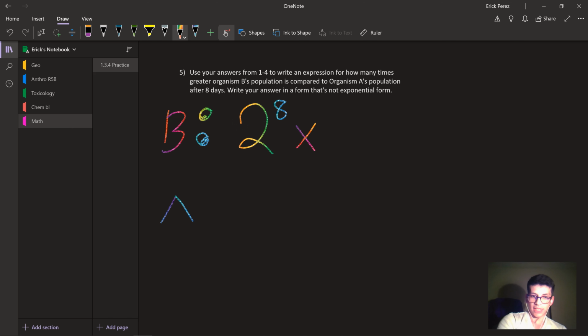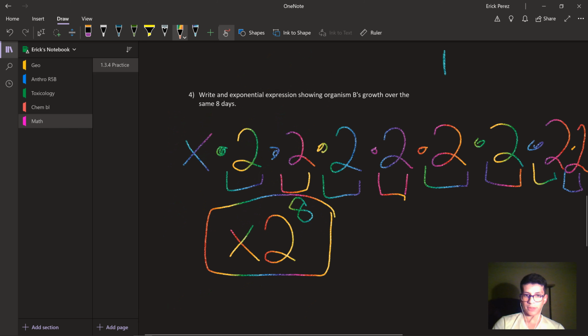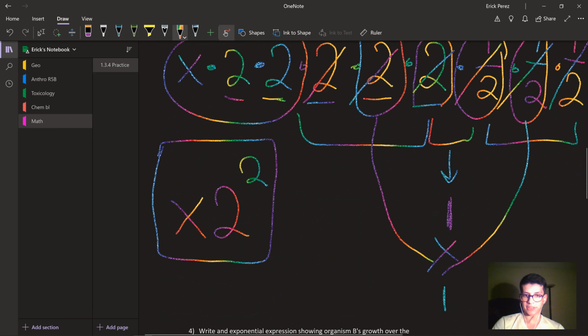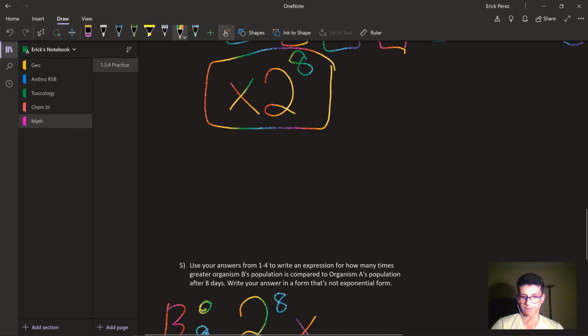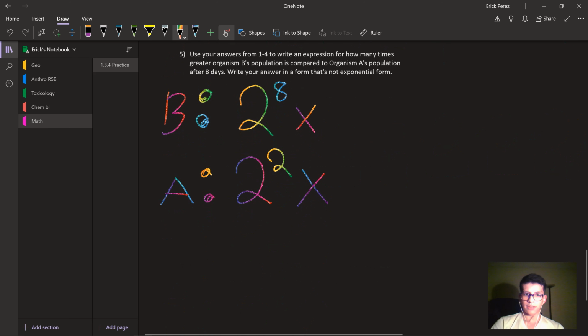And for population A, remember after 5 days, it was X times 2 to the 5, but after like 3 more days, it got halved 3 times, and so we were left with 2 times 2 to the X, right? Remember, go back to number 3. That's actually the total amount that population A grew over the 8 days. So population B is that. Population B is right there. Population A is right there.